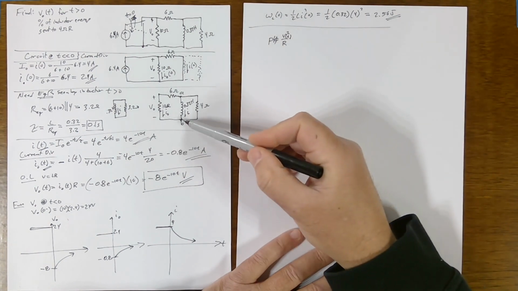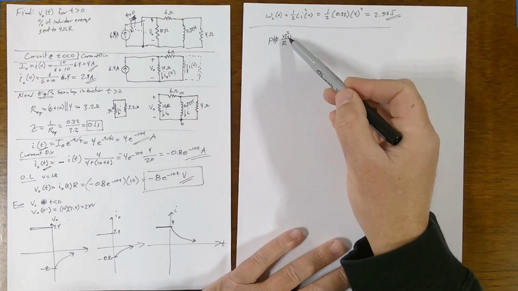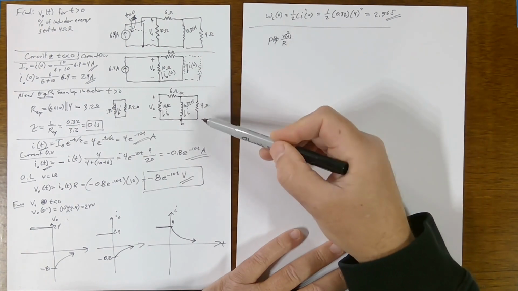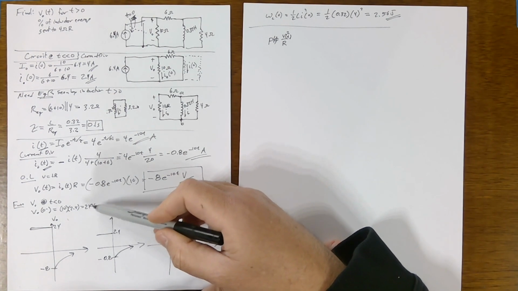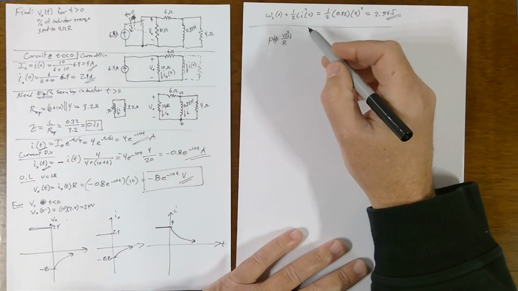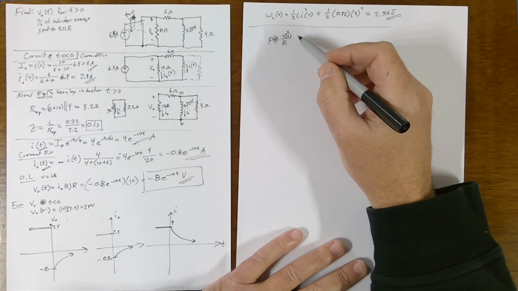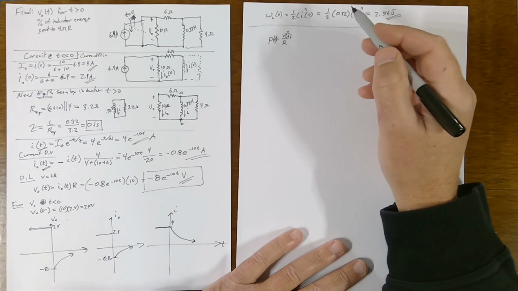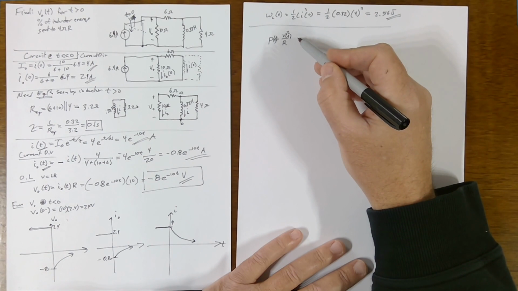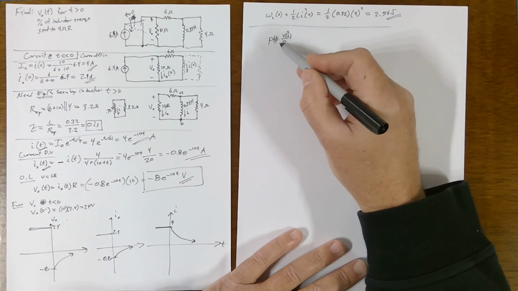Now, like I say, we could have done that. We could have found voltage as a function of time the same way we found it over here. But just to have more fun, we're going to find it in a different way. But I guess I'm skipping something.